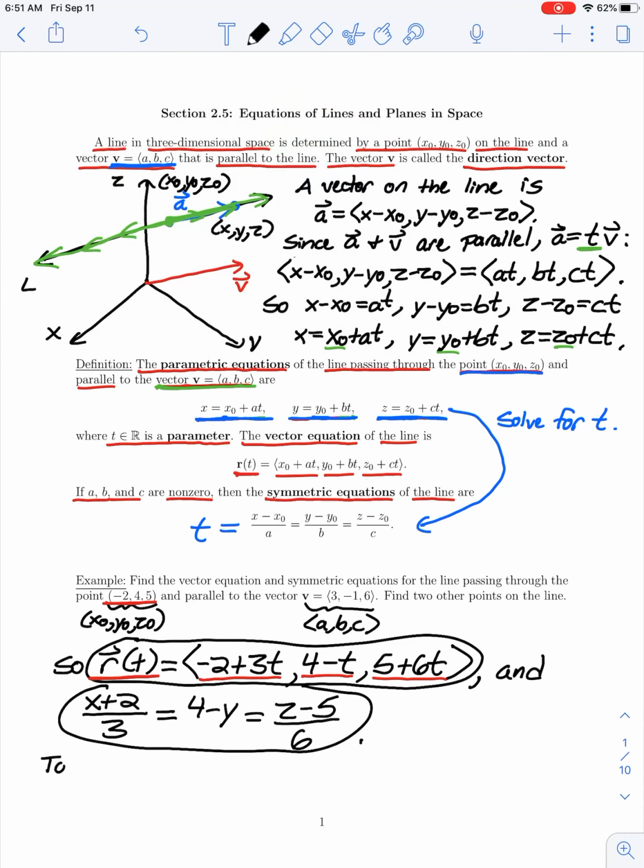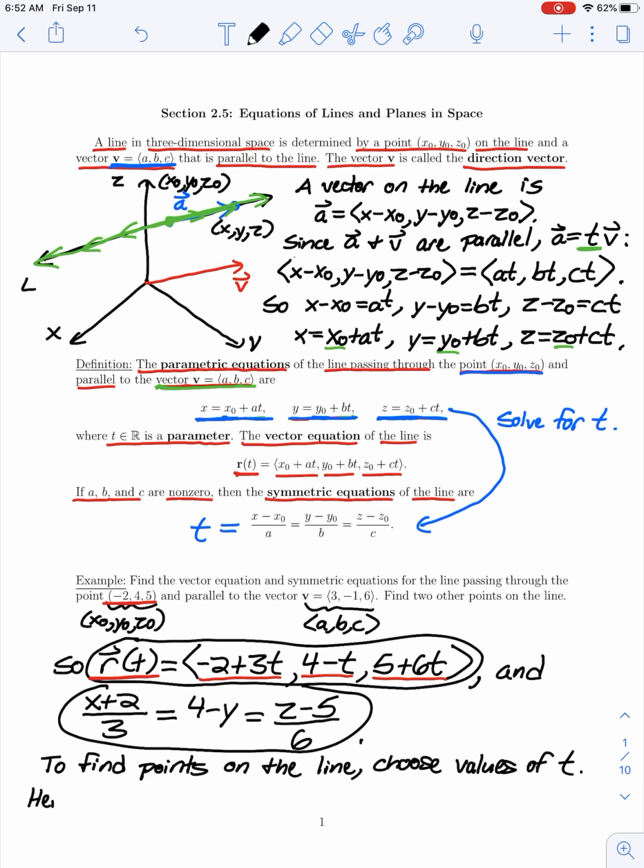So I might say something here to find points on the line, let us choose values of t.